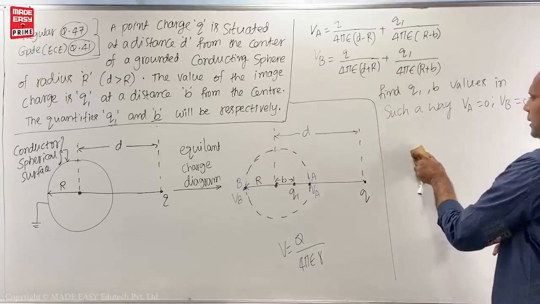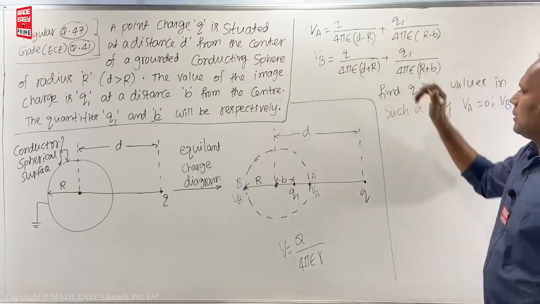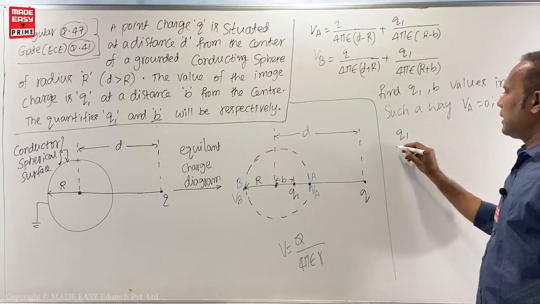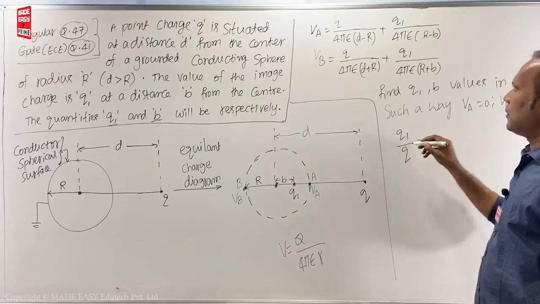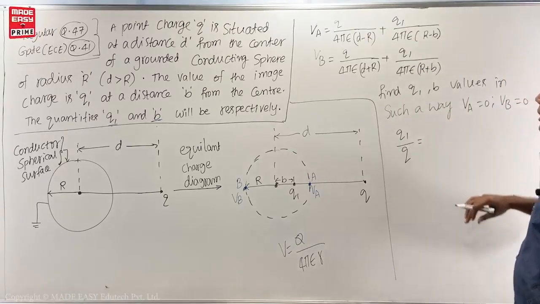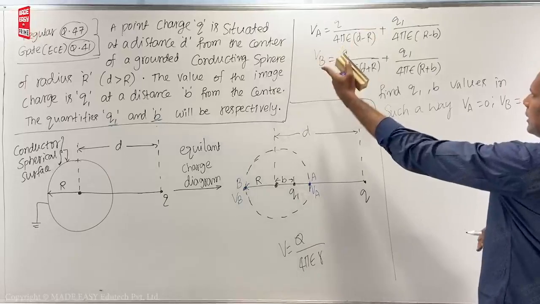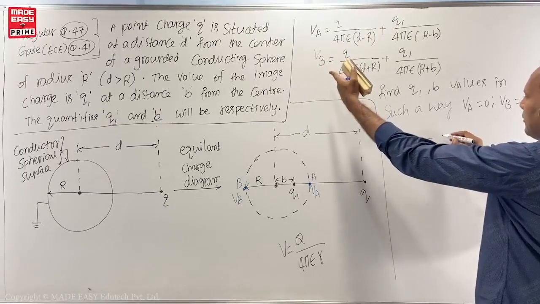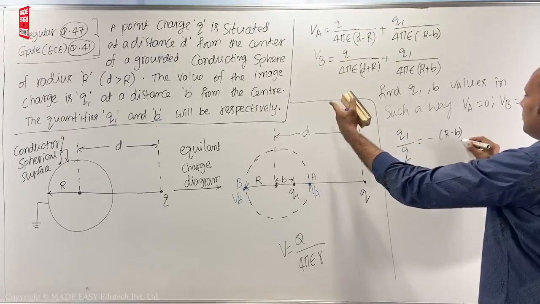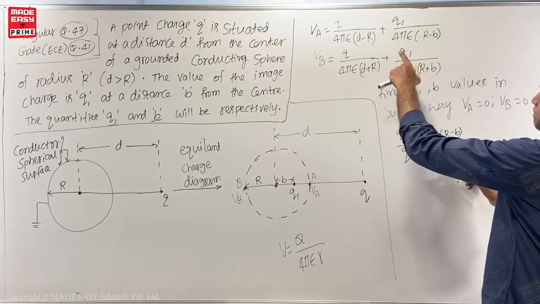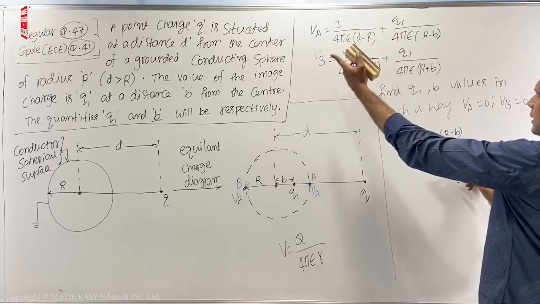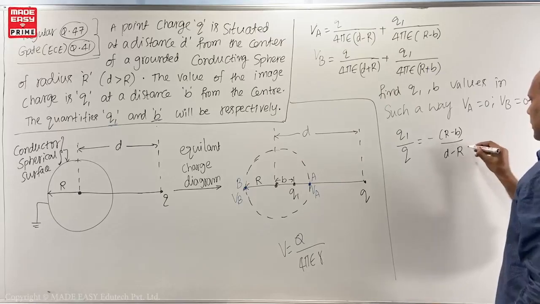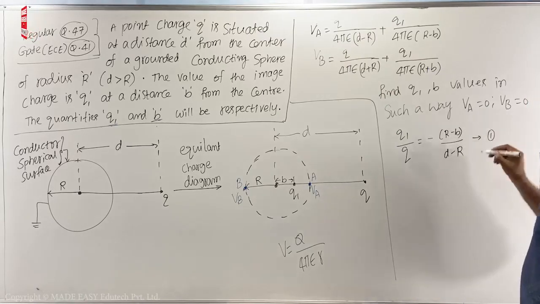Otherwise I will do one thing. From this, Q1 divided by Q is equal to, it goes that side, so you get minus of R minus B divided by D minus R. Okay, let us say this is equation 1.